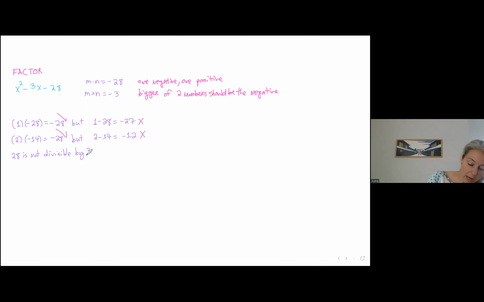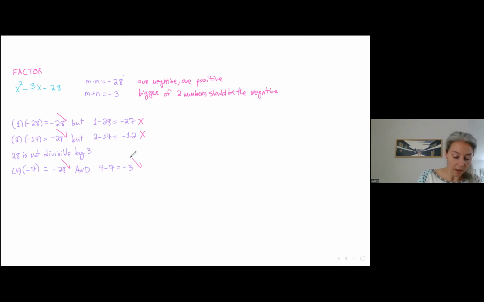And 28 is indeed divisible by 4. It gives me 7. So 4 times negative 7 is negative 28, and 4 minus 7 is negative 3. So in this case, both the product and the sum worked out.